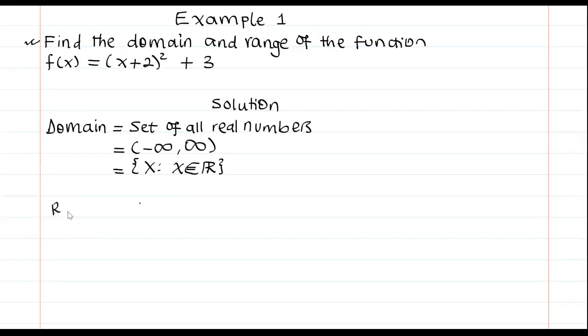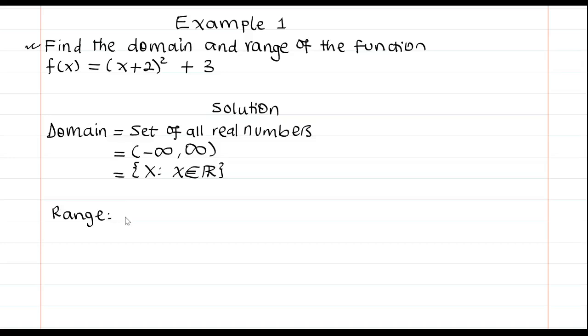Our range, we said, depends on the value a and the y coordinate of the vertex, k. Let me state the function in the vertex form: f of x equals a times (x minus h) squared plus k.